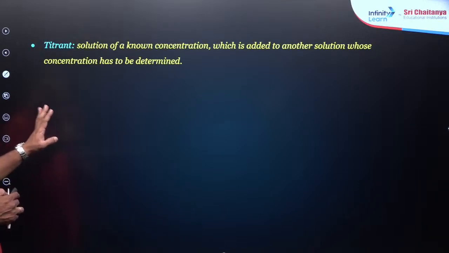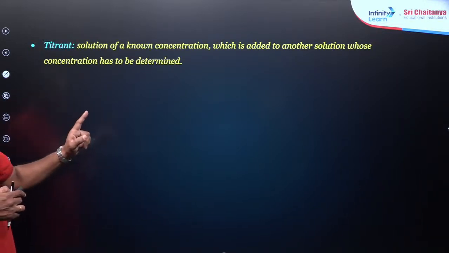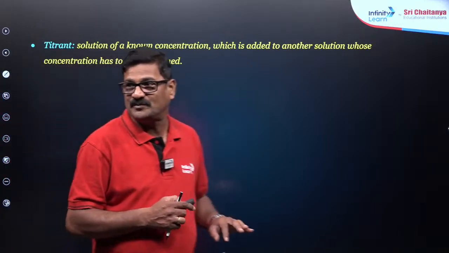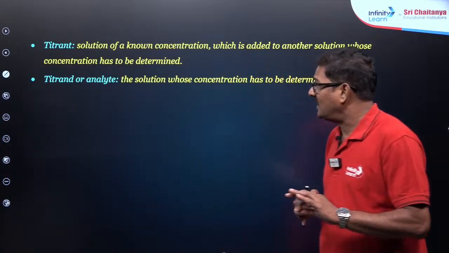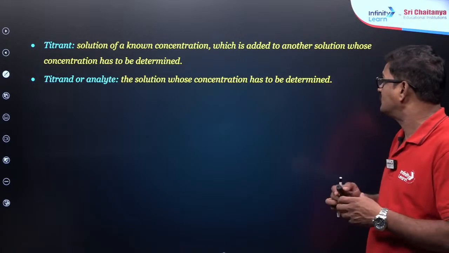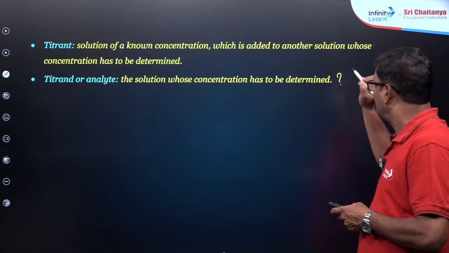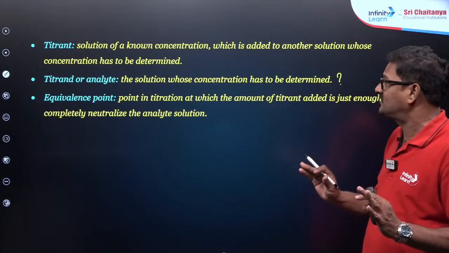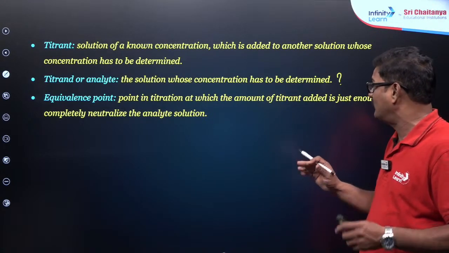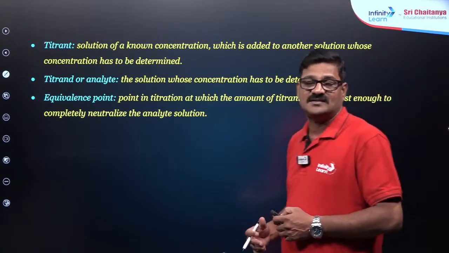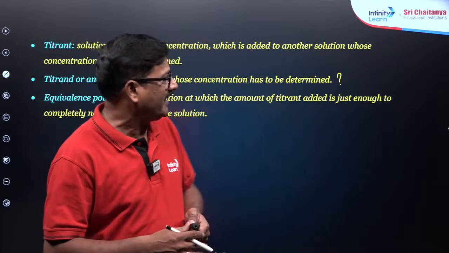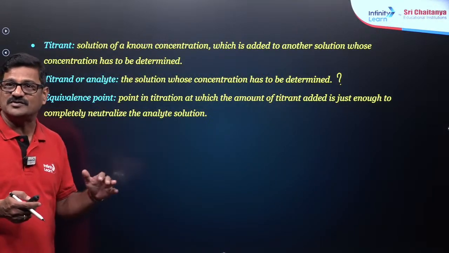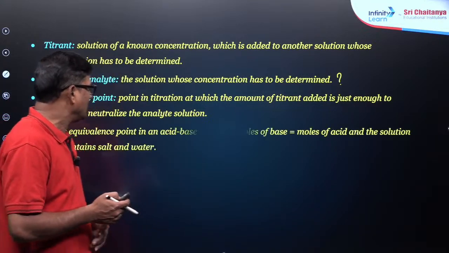So the titrant is the solution of known concentration which is added to another solution, the analyte, whose concentration has to be determined. Okay. And the equivalence point is very important: the point in titration at which the amount of titrant is equal to the amount of analyte, and neutralization or completion of the reaction takes place.